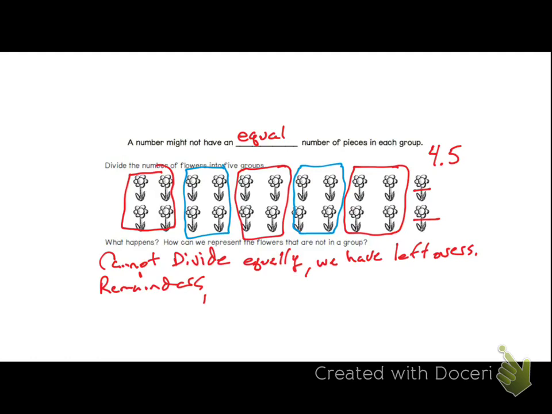But we don't have remainders anymore, so we had to split the remainders into the groups. So we split those 2 flowers into 4 pieces, and 4 pieces split up into 0.5.